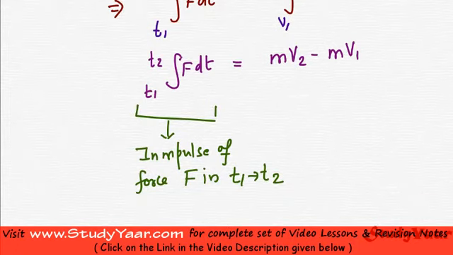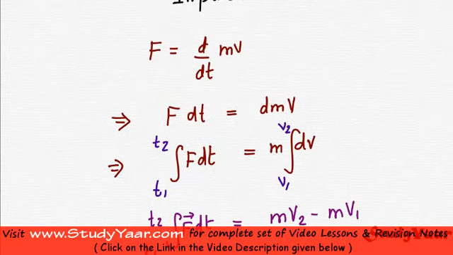Just realize that force is a vector, and velocity is a vector also. So I'm going to make these quantities vectors here: force is a vector, dv is a vector.